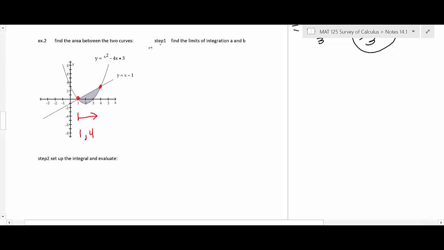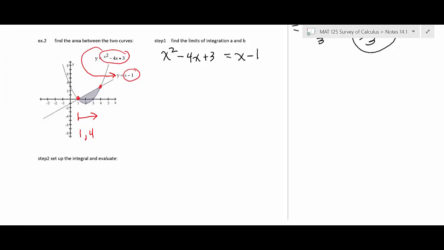But what you're going to do to find these limits 1 and 4 is take this function and set them equal to each other. In other words, you're just substituting into the top equation and the bottom equation. So you get x to the second minus 4x plus 3 equals x minus 1. Just like we did the last problem. Now, how do you solve that equation? One side equals 0. Good. This is a quadratic equation.